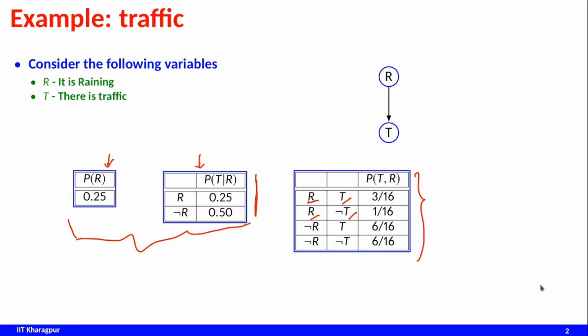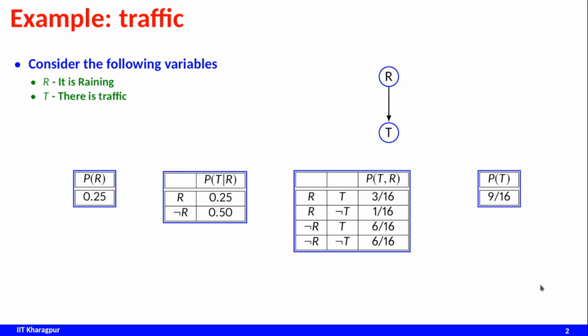Finally we can combine these two to get the joint probability. Based on that we can also compute that the probability of traffic will be 9 by 16.